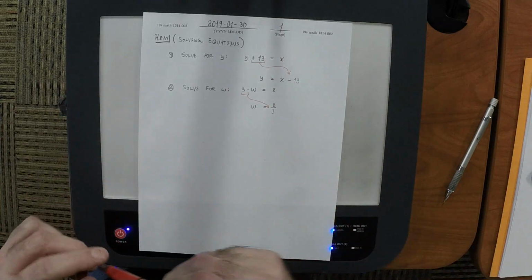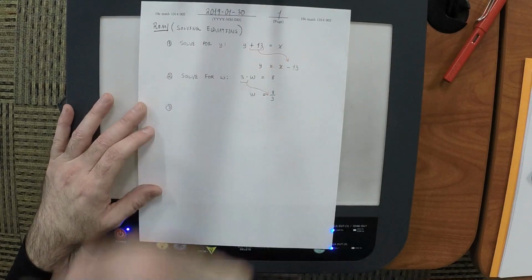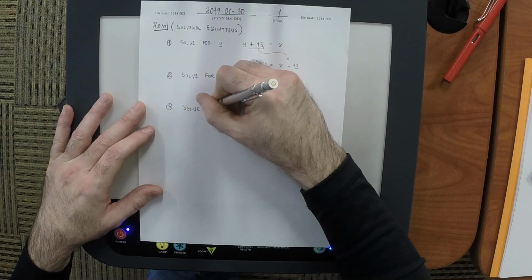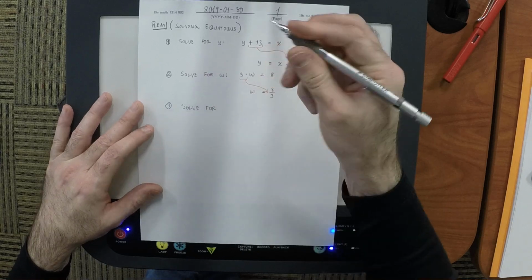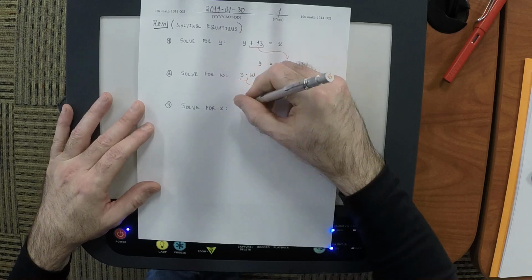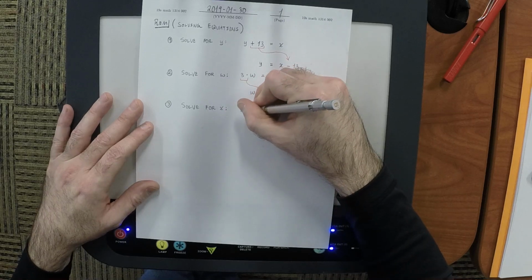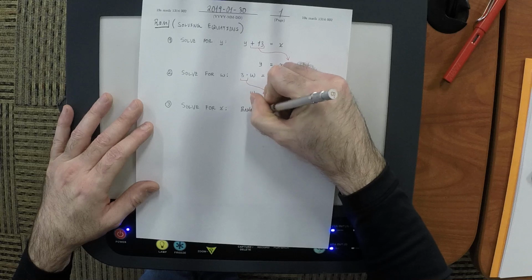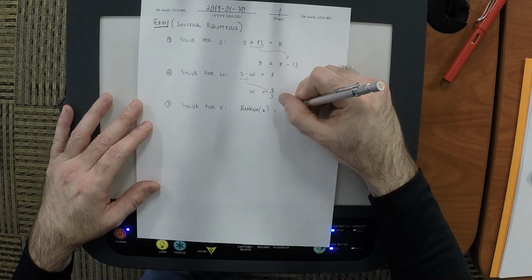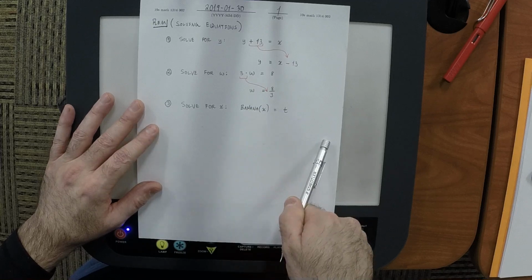Okay? So generally, the structure looks like this. If I say solve for x, and we've got just some name of something that we're doing, like banana of x is t, then whatever banana means, you want it to move to the other side.